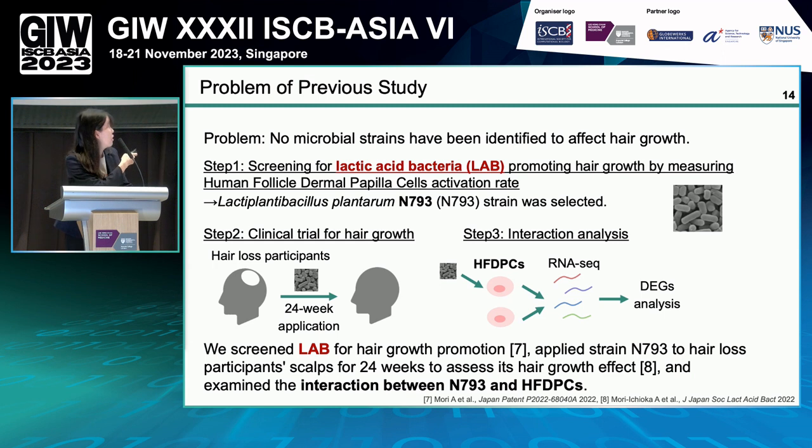We screened N793. We applied strain N793 to hair loss patients' scalps for 24 weeks to assess its hair growth effect and examined the interaction between N793 and human follicle dermal papilla cells, HFDP cells.